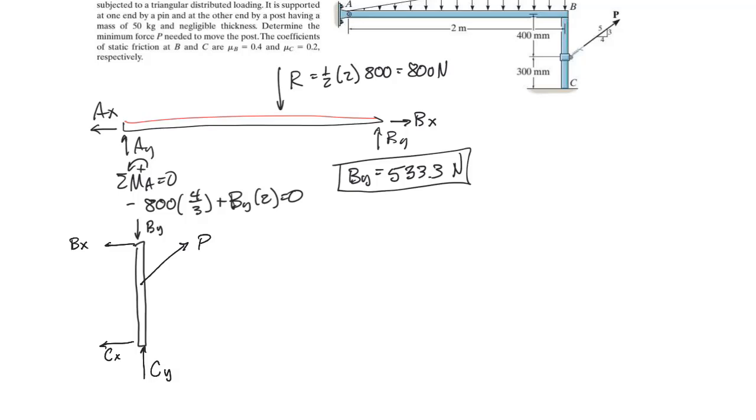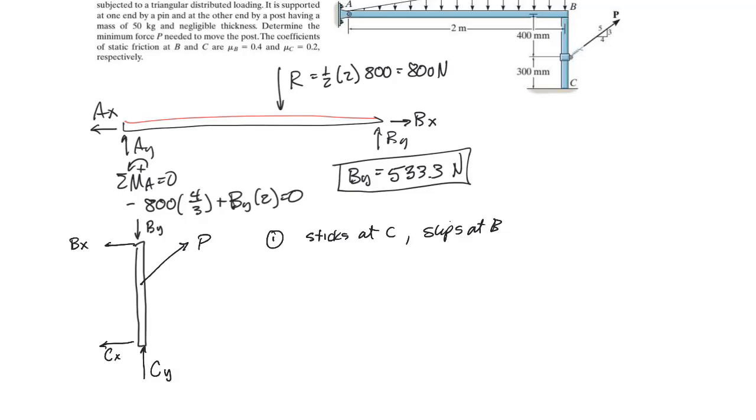Now, those CX and BX are going to be mu times normal once we decide to apply that. But I don't know which one it's going to slip at first, so I have to assume a direction. So I'm going to assume, number one, that it sticks at C and slips at B. All right, so we're just going to analyze that one first.